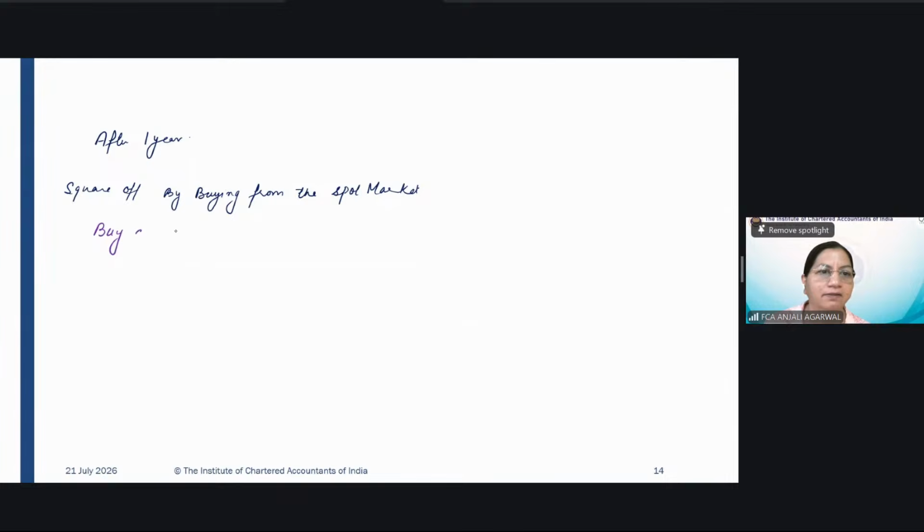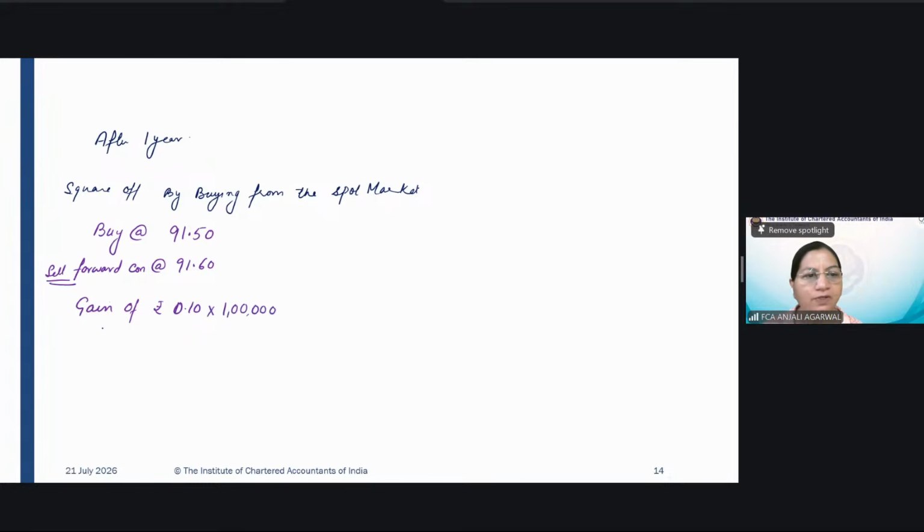So buy at 91.50 and sell as per the forward contract at 91.60. So again, there is a gain of rupees 0.10 multiplied by 100,000. Your total gain is 10,000 rupees.